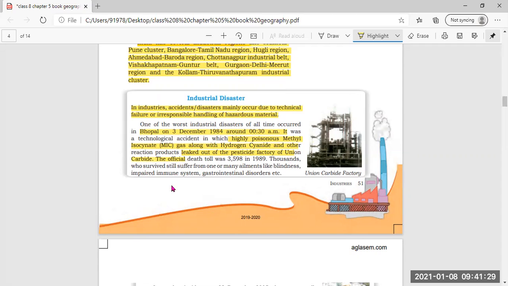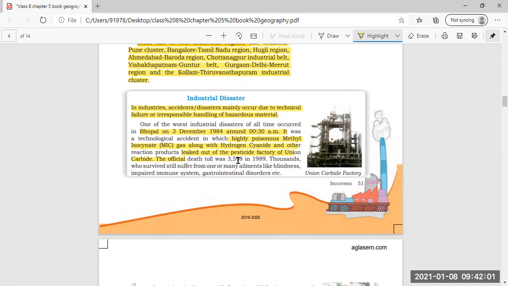You can underline this. The official death toll was over 3,598 in 1989. At that moment, 3,598 people died in this industrial disaster of Bhopal, and thousands who survived still suffer from ailments like blindness, impaired immune system, and gastrointestinal disorders.